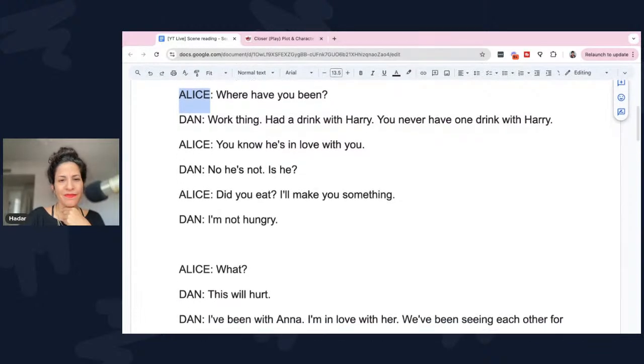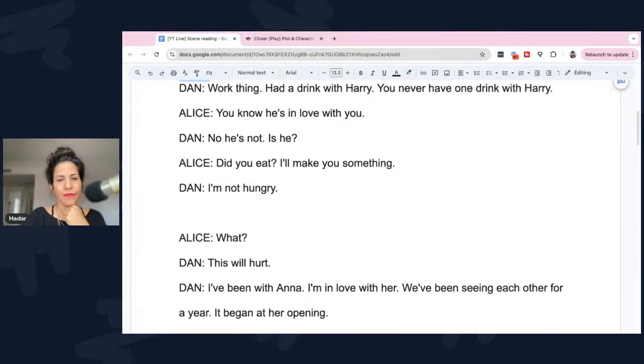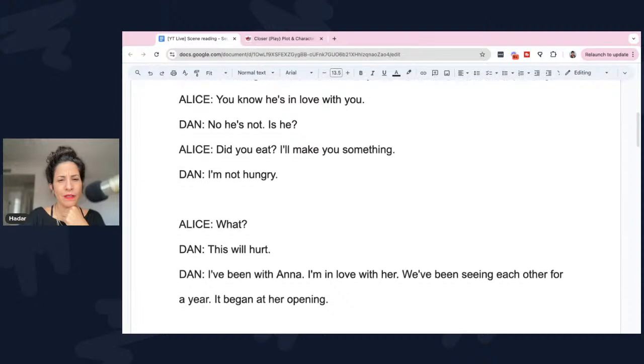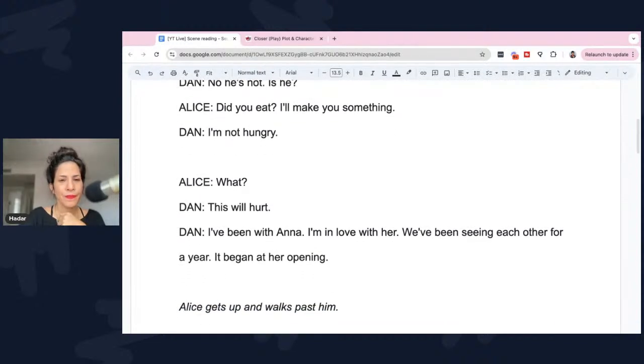Alice: I'm not hungry. Dan: Alice. Alice: What? Dan: This will hurt. I've been with Anna. I'm in love with her. We've been seeing each other for a year. It began at her opening.